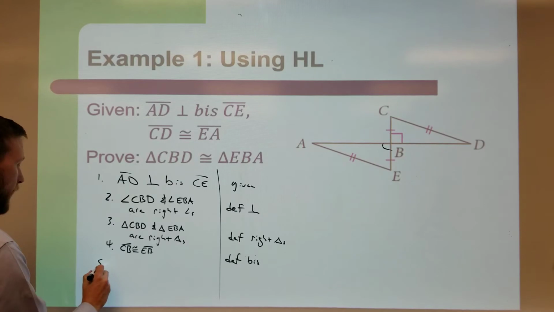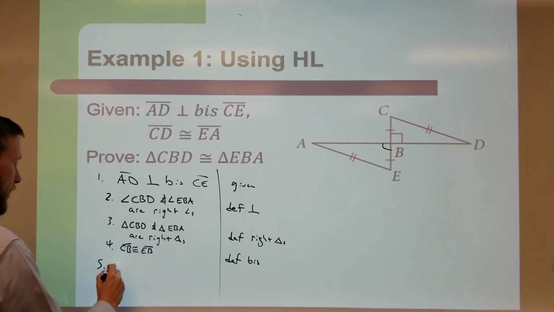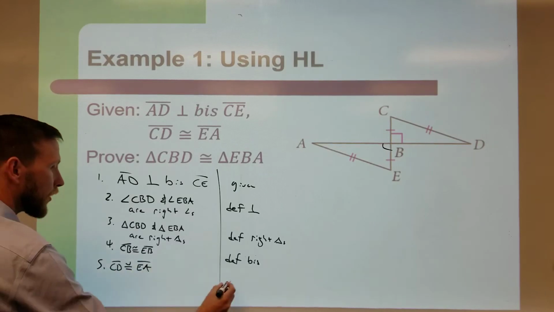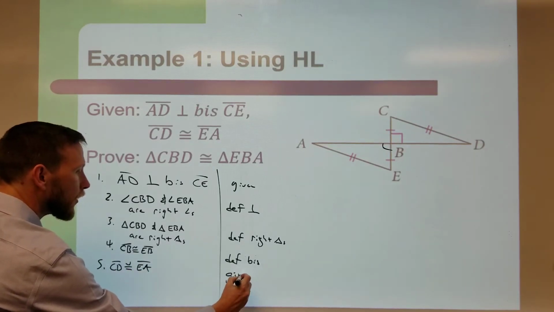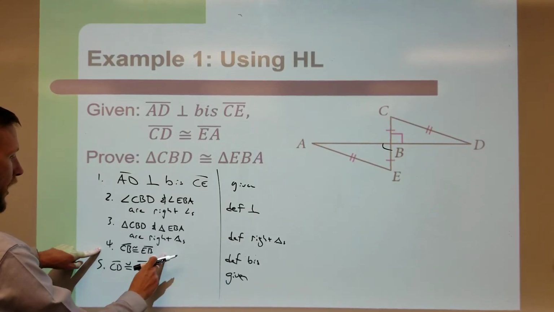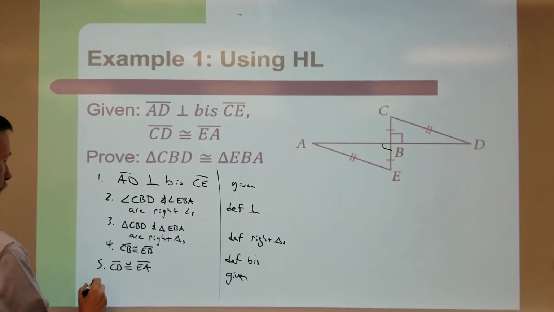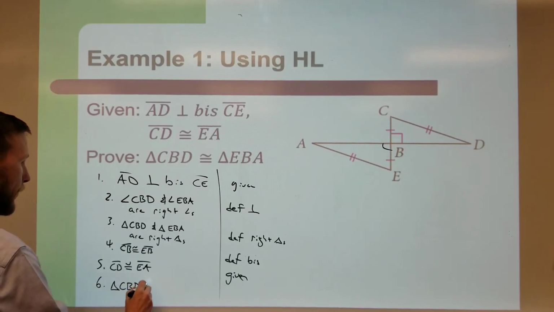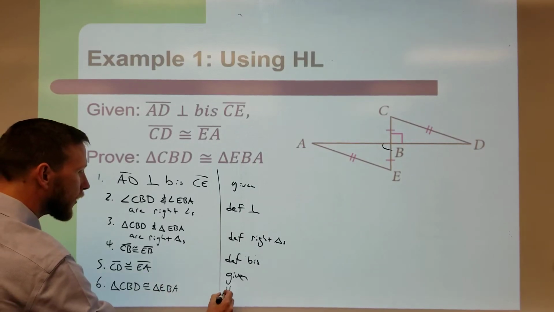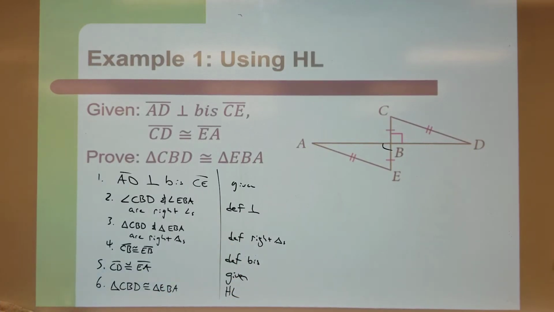We are also given that CD and EA are congruent. And therefore, we have hypotenuse and legs in a right triangle. Therefore, these triangles are congruent. And the reason there is the hypotenuse leg theorem. And we can just write HL.